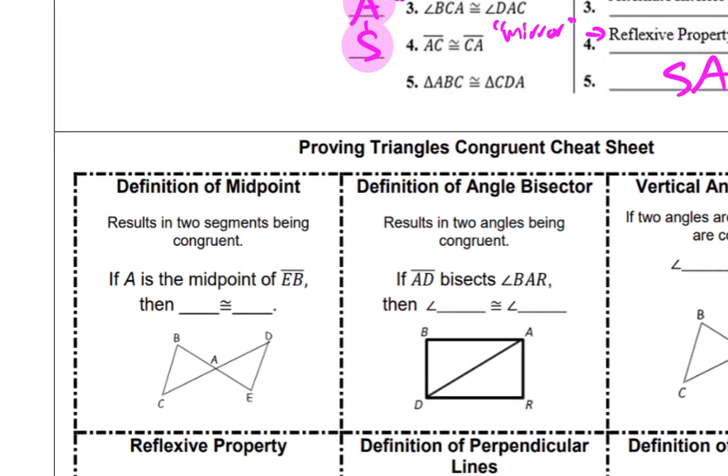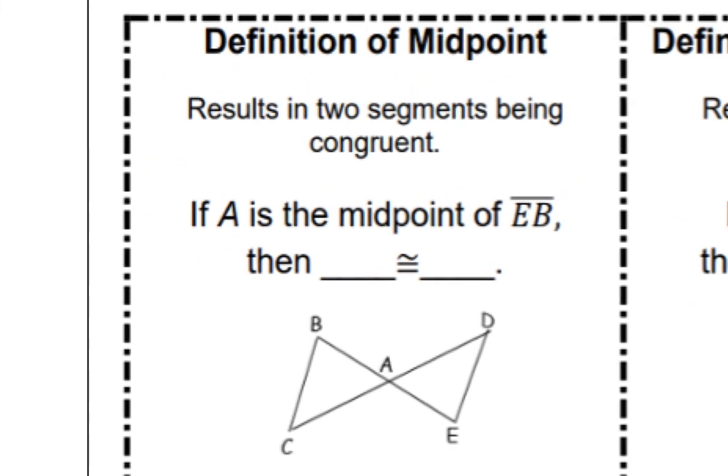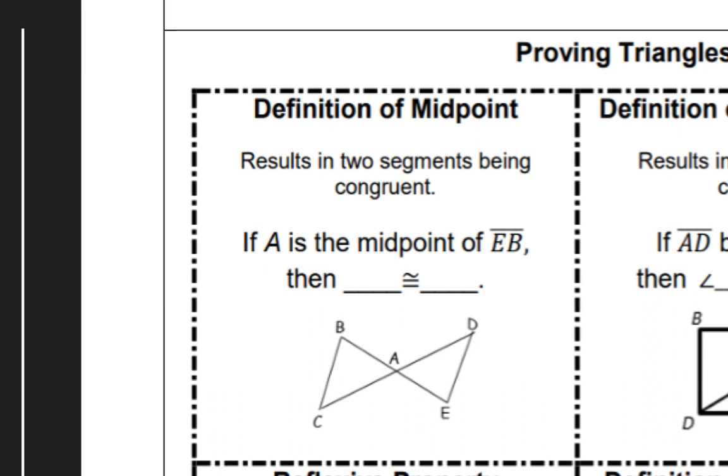This is a little cheat sheet of how we can prove triangles. Let's look at this first one right over here. What if I told you that A is the midpoint of EB? Well, if that's the midpoint, the middle means the two sides are equal, so that is congruent with that.